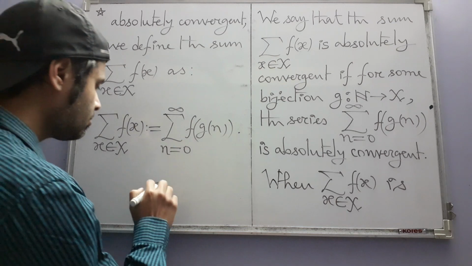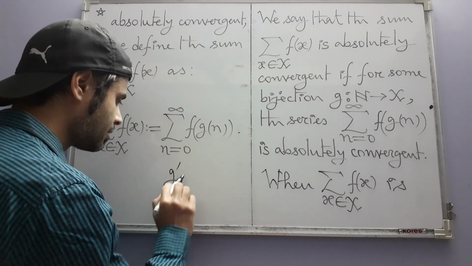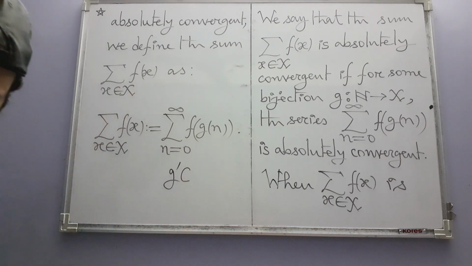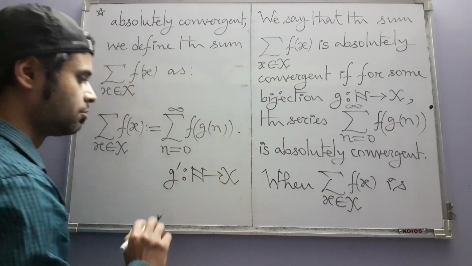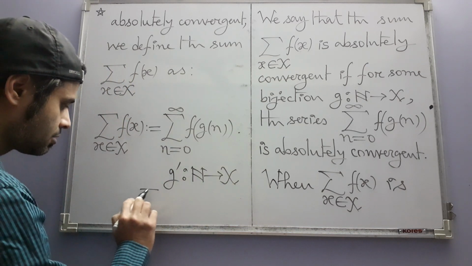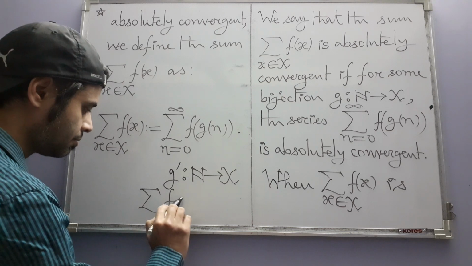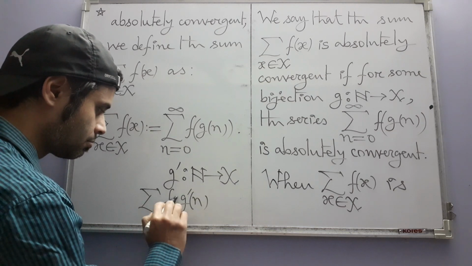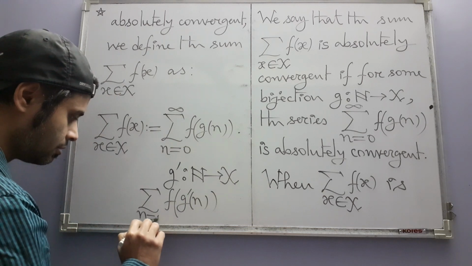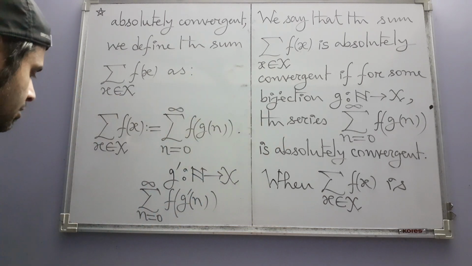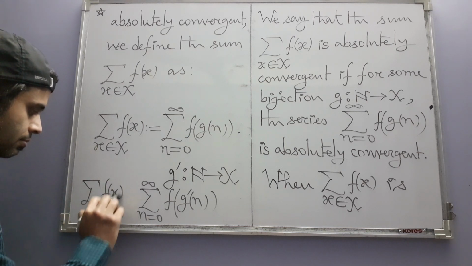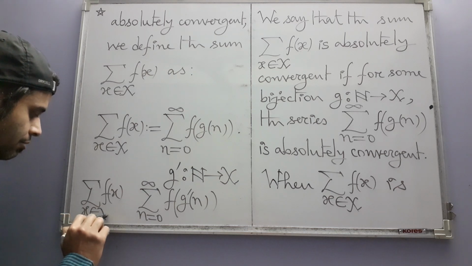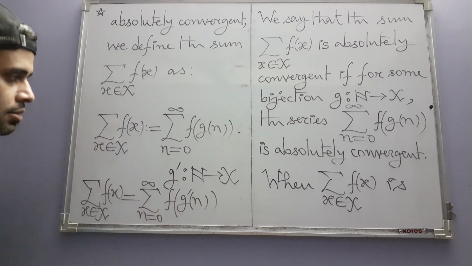So if you are having, say, another bijection g prime from N to X, for which also the corresponding series, that is this one, is absolutely convergent, then according to this definition you should also have the value of this sum equal to this.